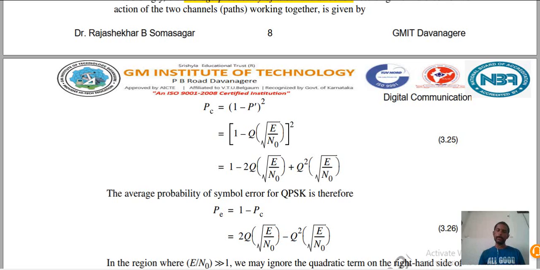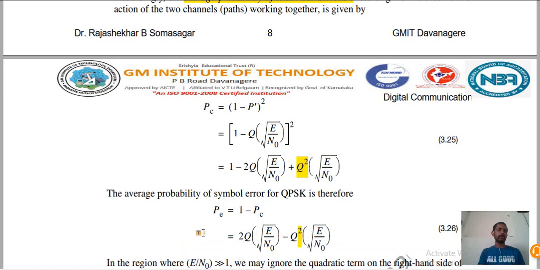Substitute P dash and expand it using the (a minus b) whole square formula and simplify. In this case, Q square is, for example, if we take 0.01, its square gives 0.0001, which is a very small value and negligible, so we neglect it.